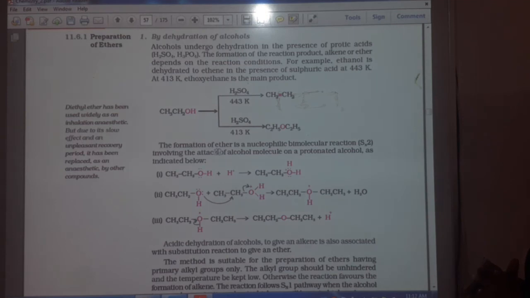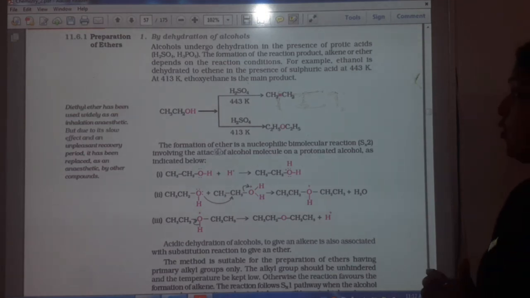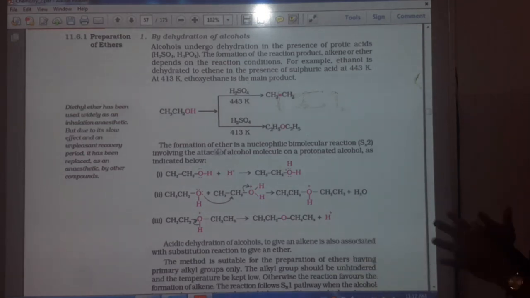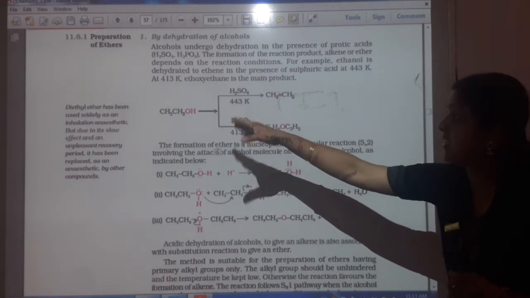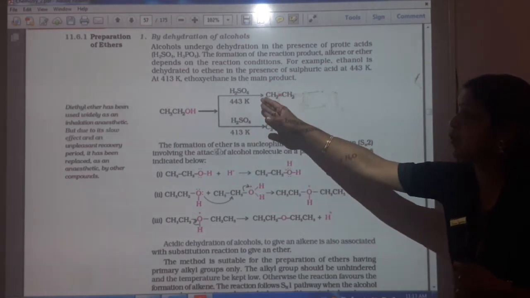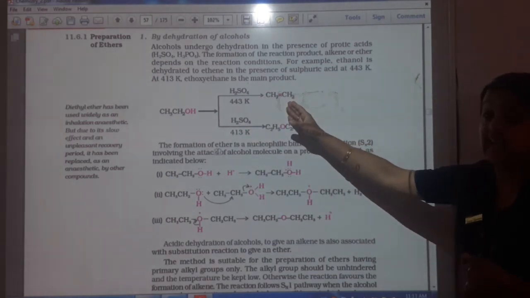The first preparation is by dehydration of alcohols. Dehydration is the removal of water molecules. So I have my alcohol. When this alcohol is treated with sulfuric acid at 443 K, I get an alkene.